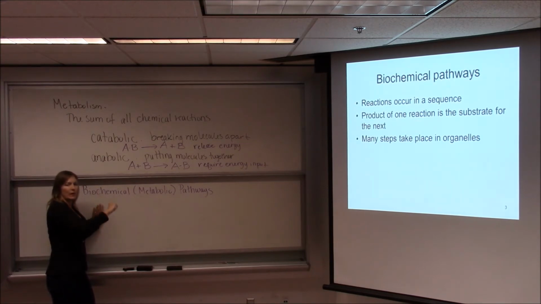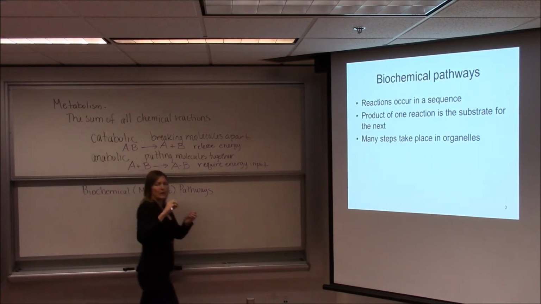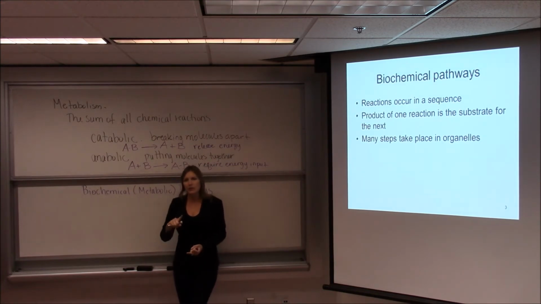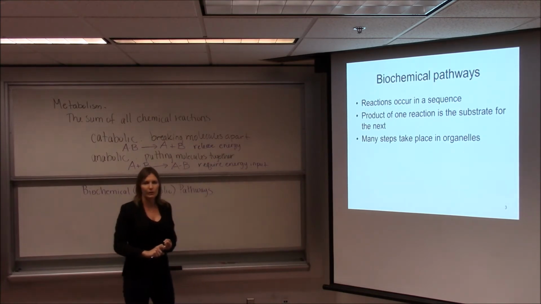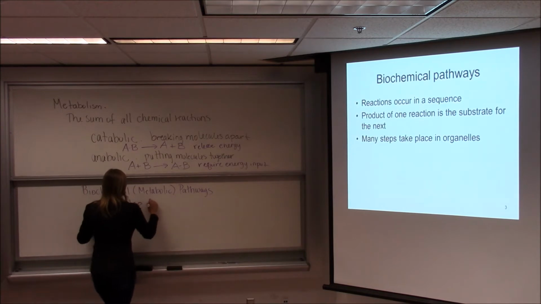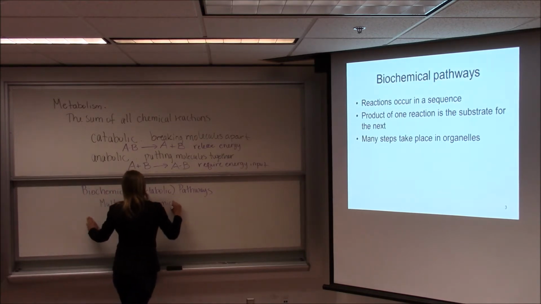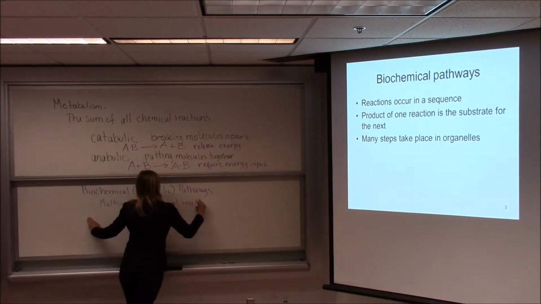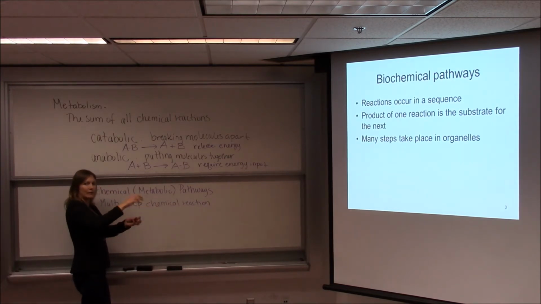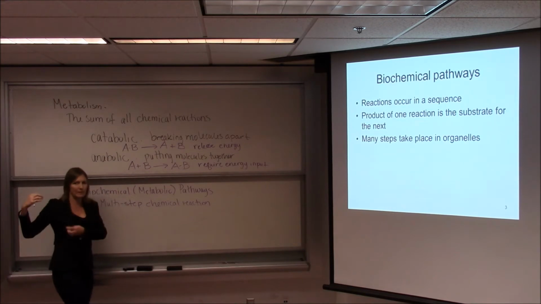They're going to require multiple steps, and at each point there's an intermediate product that's significant. Cell respiration and photosynthesis are both really good examples of this. So these are multi-step chemical reactions. And at each step we're going to have a product that then breaks down and becomes something else, or a product that is being assembled and becomes something else.